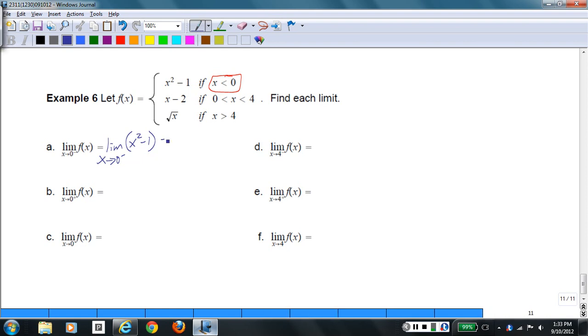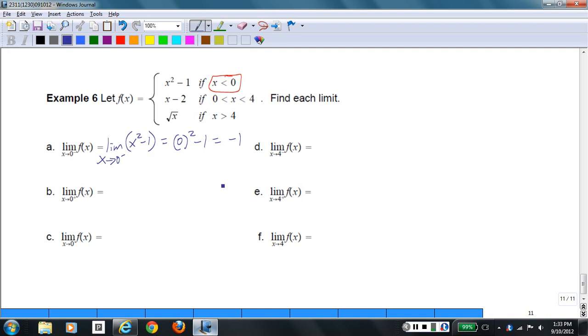It's a polynomial, so we can evaluate the limit by direct substitution. Just substitute 0 for x. It's -1. Really don't need a picture to do this problem.